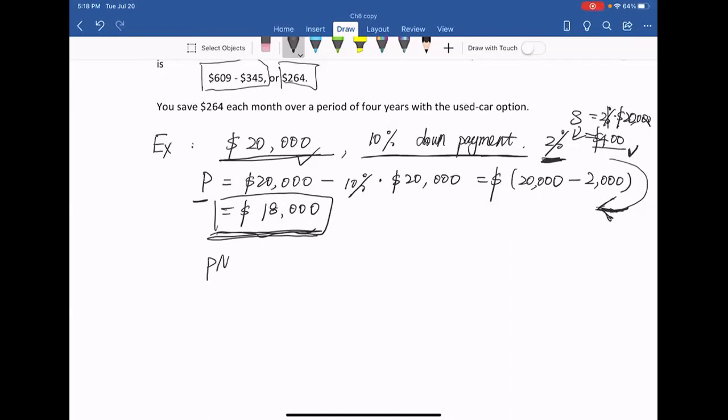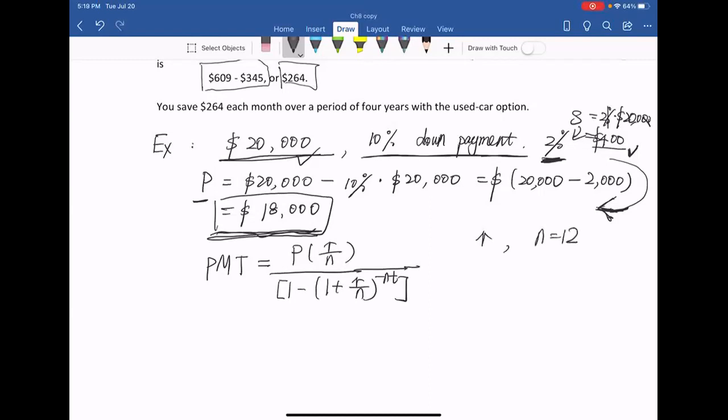So PMT equals P times R over N divided by 1 minus 1 plus R over N to the negative NT. So the question will provide you the rate, and normally we just say that you pay every month.